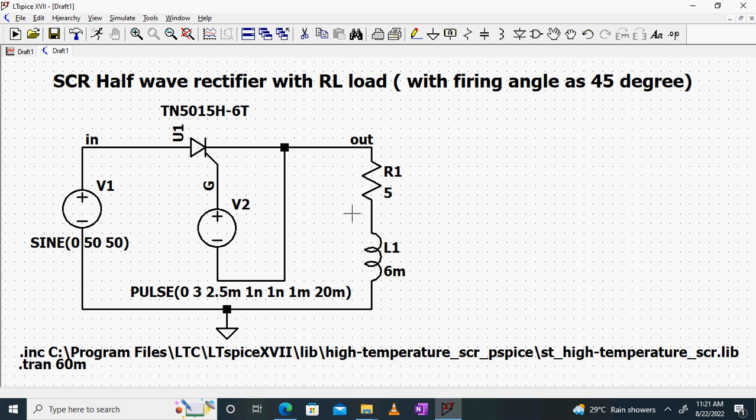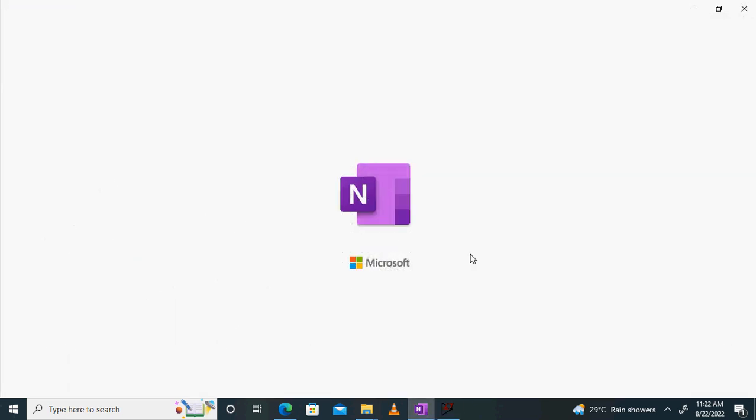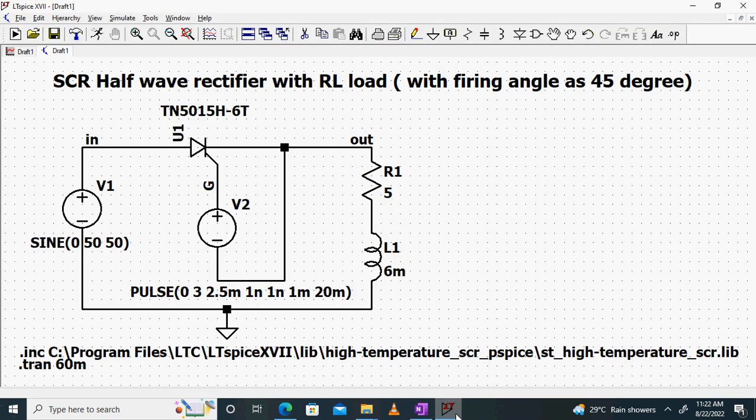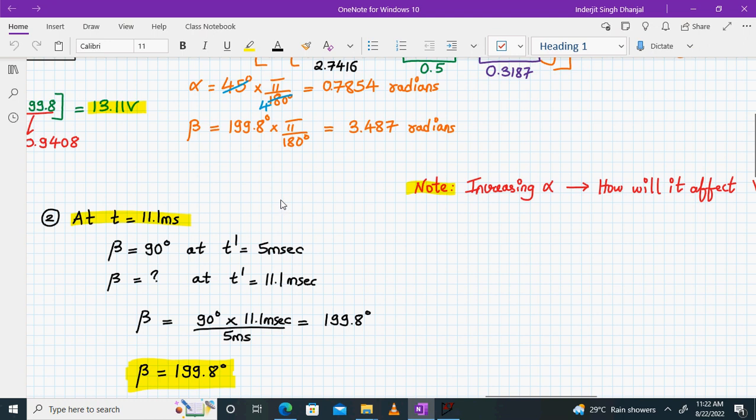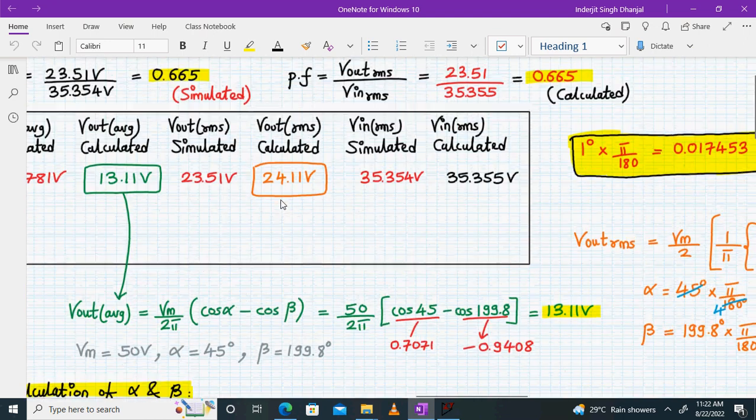What it will do is make the waveform, which was going negative in our previous case, which we have seen, not go negative. Let me open Microsoft OneNote again. Earlier the voltage waveform was going beyond the negative value. With the freewheeling diode, it won't, even though the current continues to flow in the load.